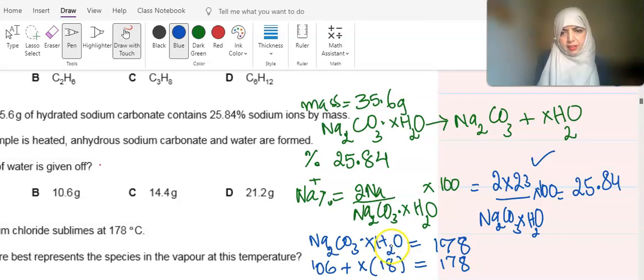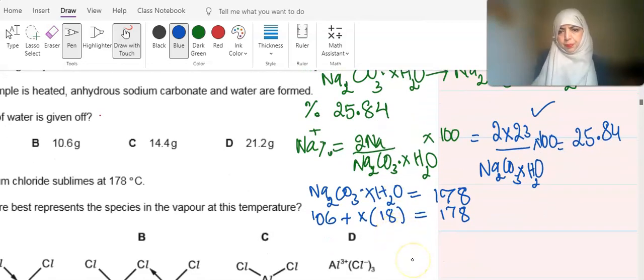And by solving this, you get the answer, by subtracting, 178 minus 106 divided by 18, and you get the value of water, X equals 4.